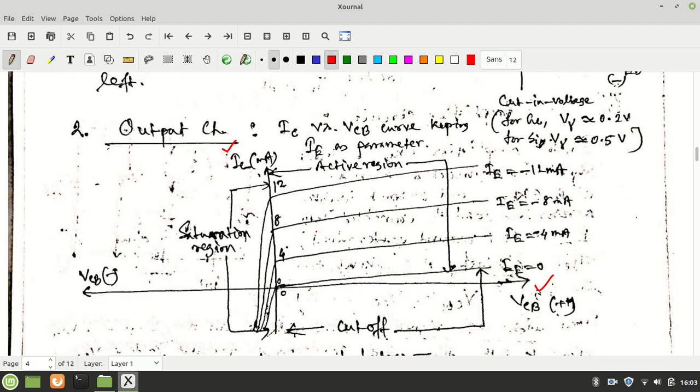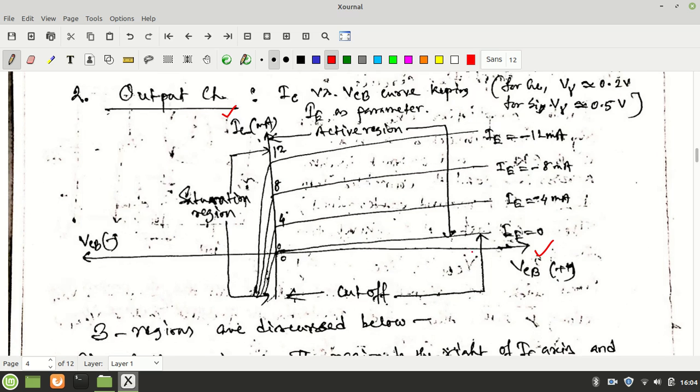The curves are not exactly parallel to each other, and that non-parallel nature comes from the early effect. You can see here, from a certain region up to a certain region, the currents are equispaced. Here the parameter is the emitter current, that is the input current, which is kept constant. Here four values of the emitter current are shown.